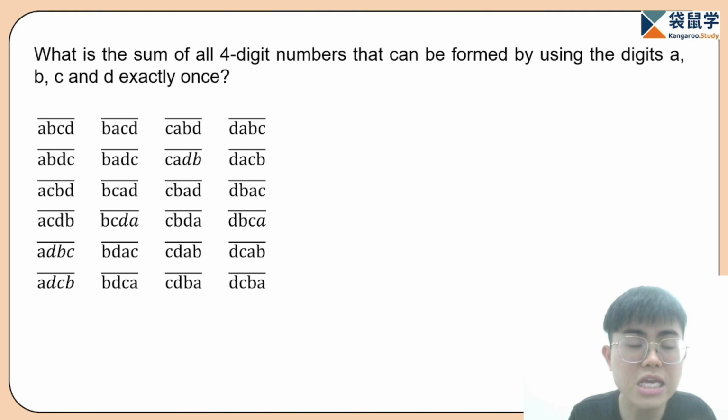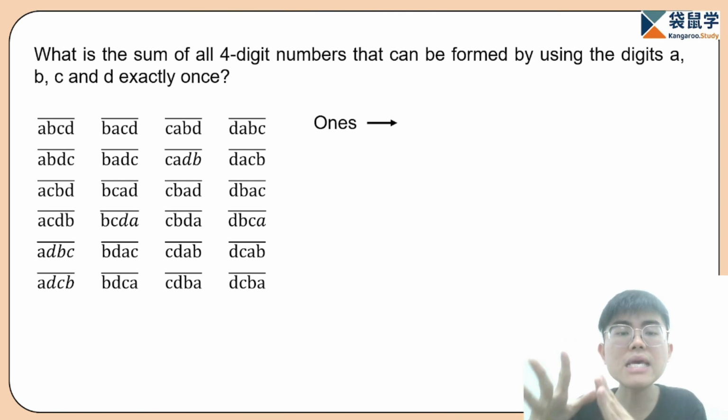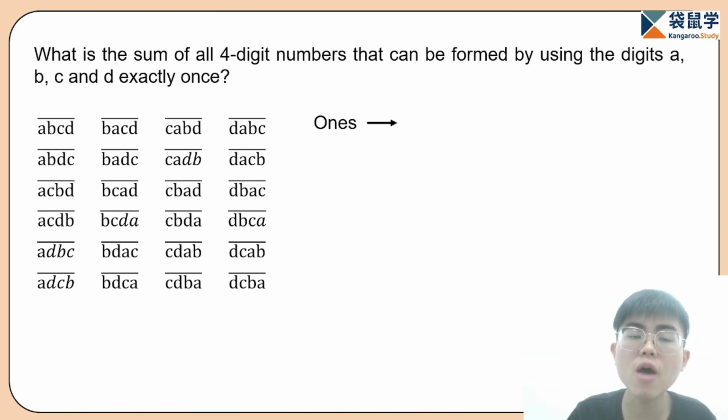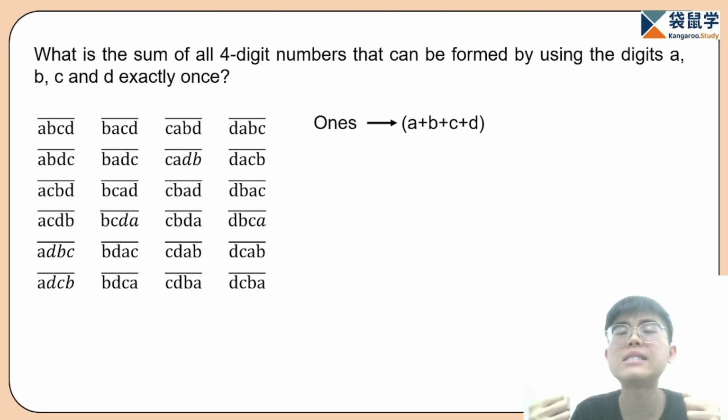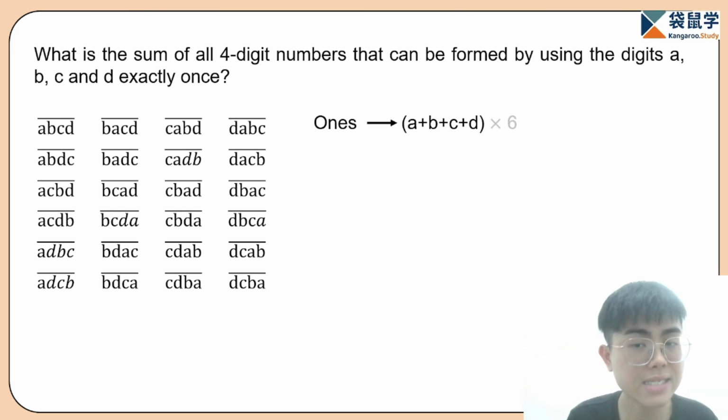So guys, you can see that at this part right here, we first take a look at the ones. You will see that A, B, C, D all appear 6 times, right? So you just have to sum up all of them, A plus B plus C plus D. Then you just have to multiply by 6.